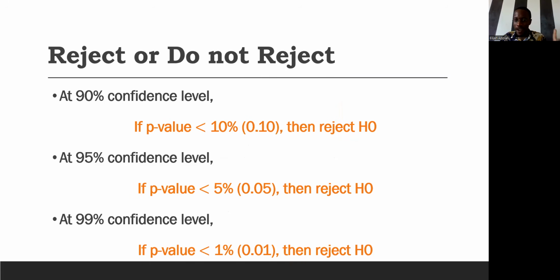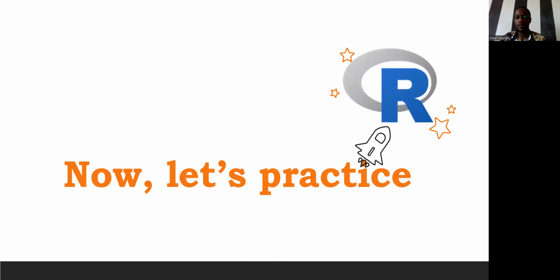If it is less than 5%, we reject the null. If it is less than 1%, we reject the null hypothesis again. So we have these three significance levels that come from these three confidence levels. The common test is at 95% confidence level, which means the significance level is 5%. So if the p-value is less than 0.05, then we reject the null hypothesis.